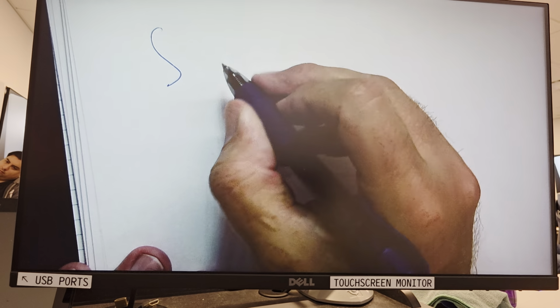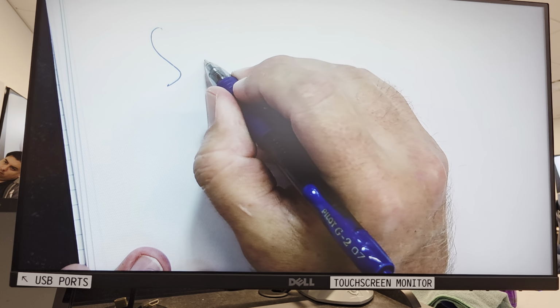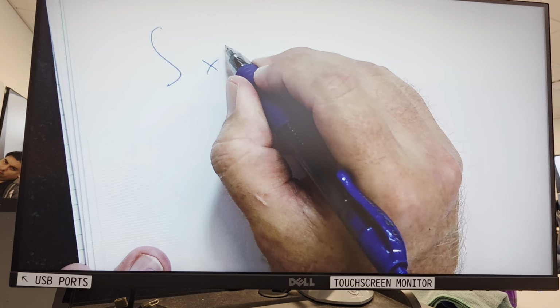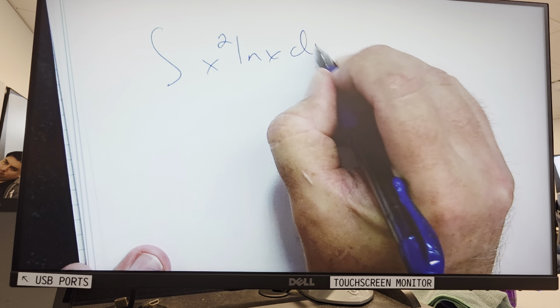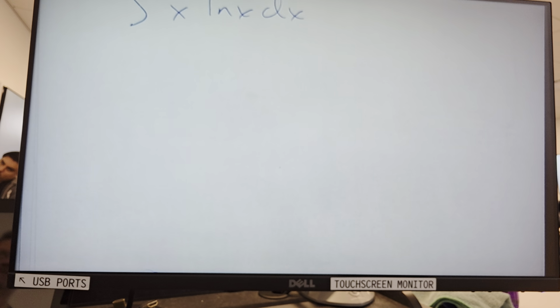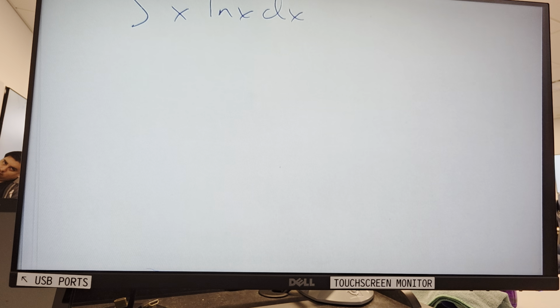Let me see. That won't really do it though. Yeah, let's do that. I love this problem. This one shows why earlier I hope I was pretty careful to say this.